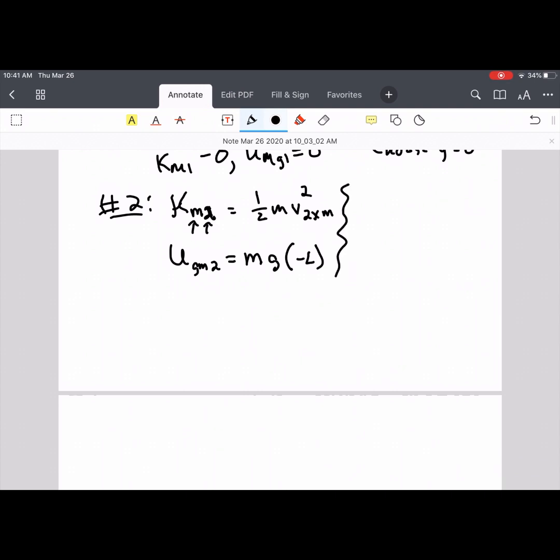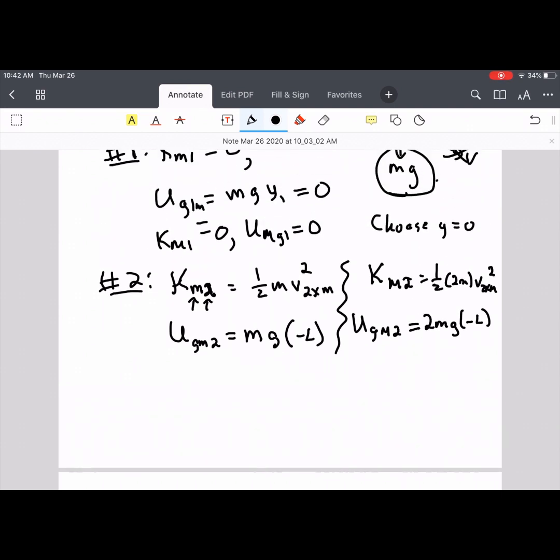Similarly for object big M, the heavier object, the kinetic energy is 1/2 big M, which is 2 little m, times v2 big M squared. And the gravitational potential energy is again just its mass, 2m, times g times negative L. So now we're going to use conservation of energy for each object individually.